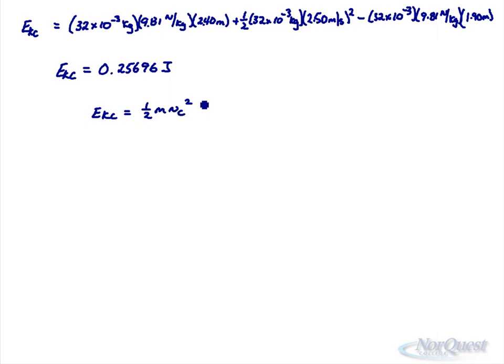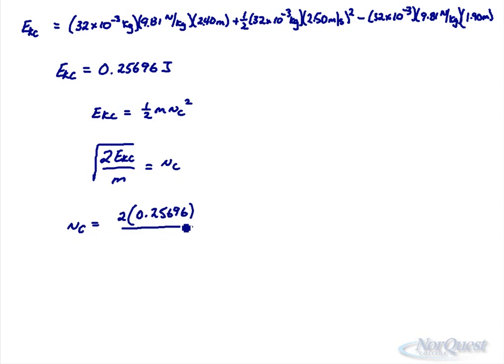Manipulate that formula for velocity: you'll multiply by 2 times the kinetic energy at C, divided by the mass, and then take the square root, which will be equal to the velocity at C. So the velocity at C will be 2 times 0.25696 divided by 32 times 10 to the negative 3, and then take the square root of that whole thing.